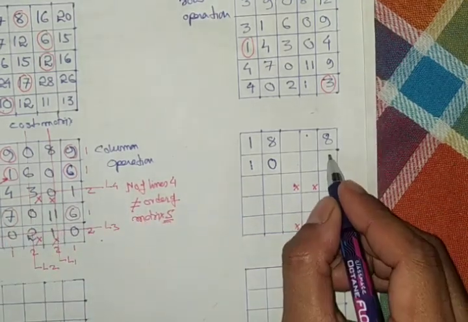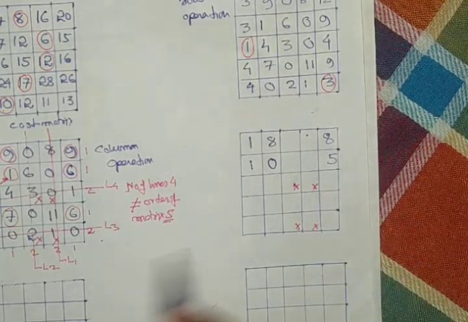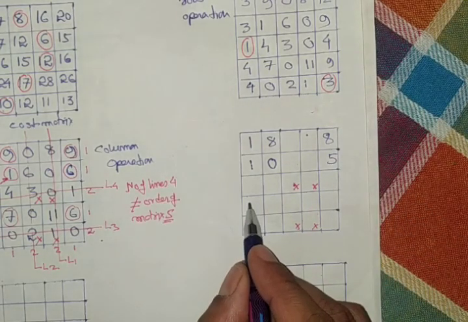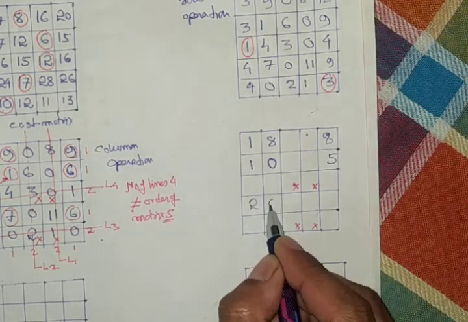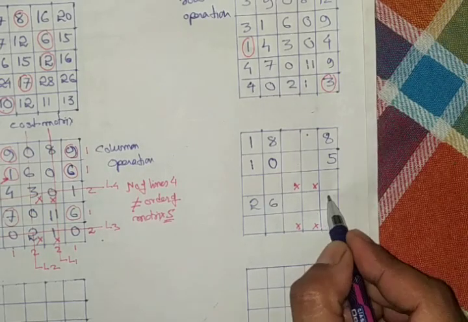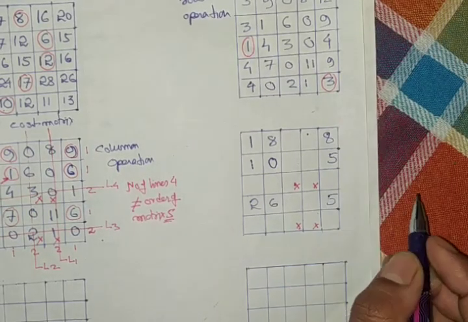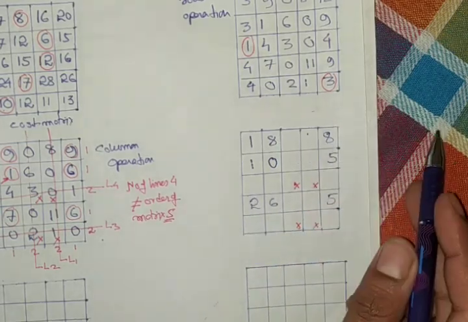Another uncovered element is here. It will become 5. Then in this position, here, it will be 2. It will be 6. And the last one, this one, it will be 5. And the other elements remain the same.